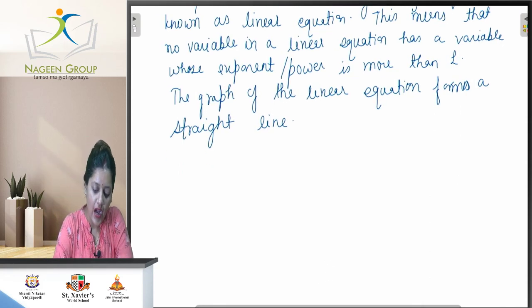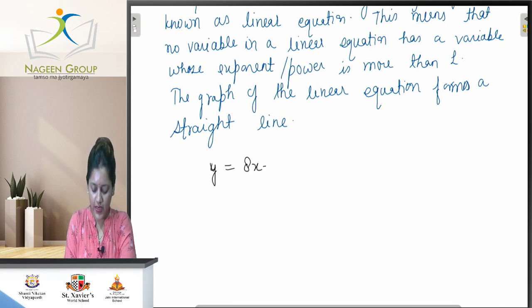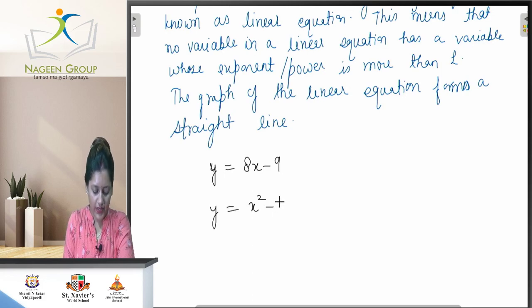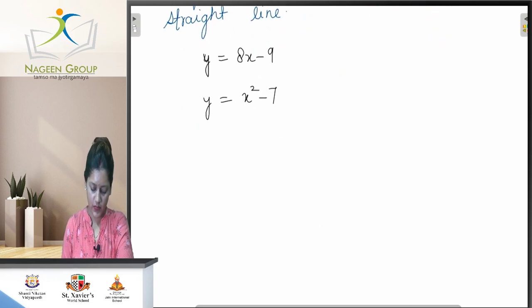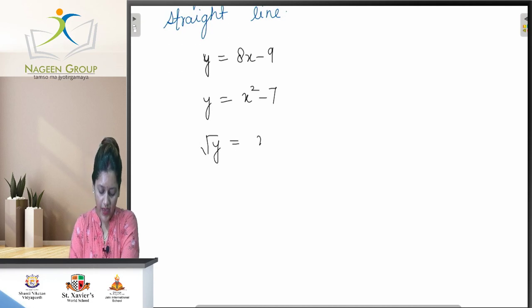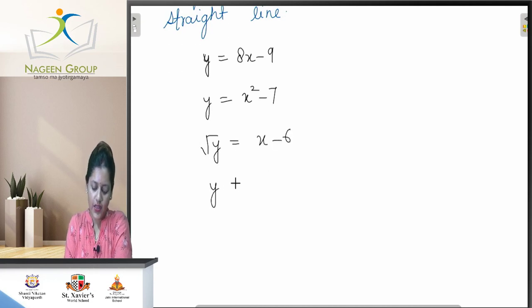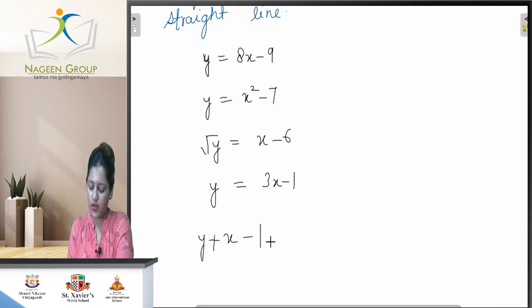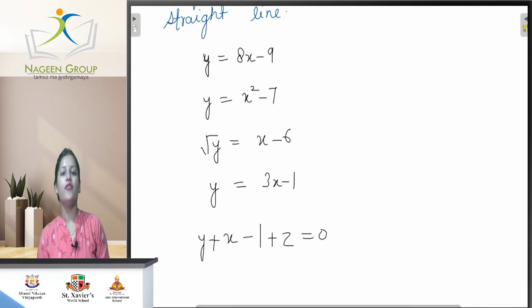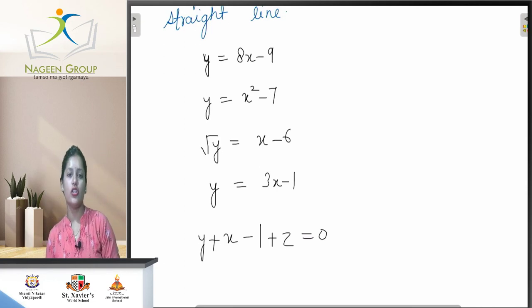So the examples are: y equals 8x minus 9, y equals x square minus 7, square root of y equals x minus 6, y equals 3x minus 1, and y plus x minus 1 plus z equals 0.